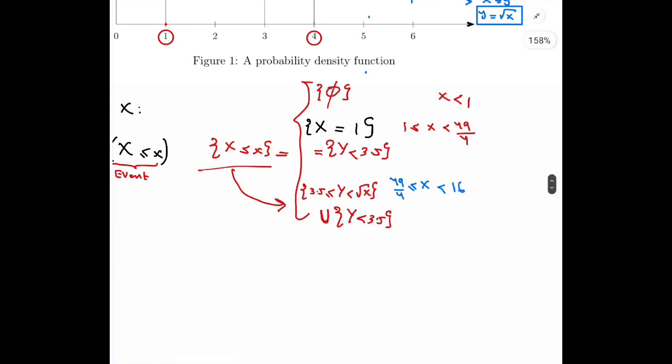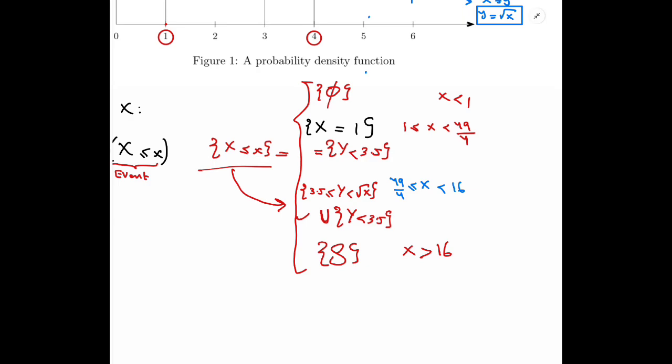And if x is greater than 16, then we have the sample space, the whole event.